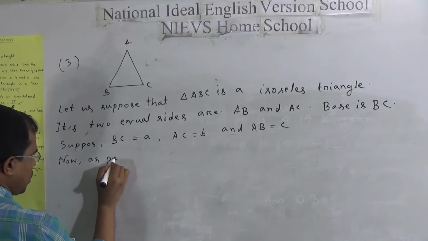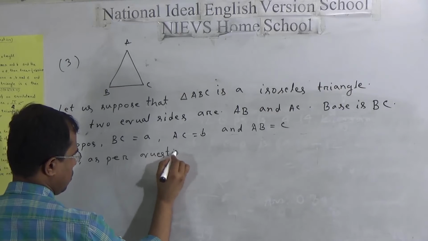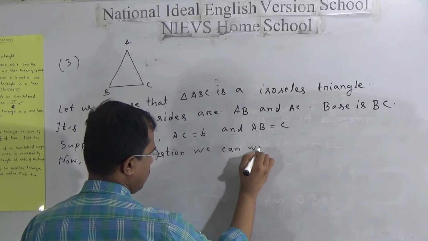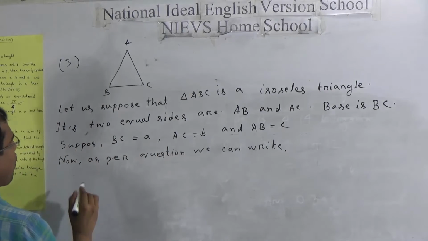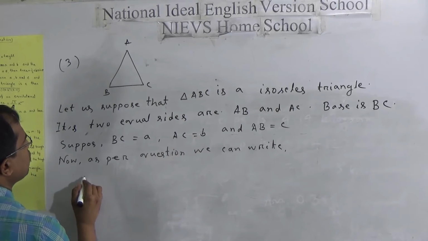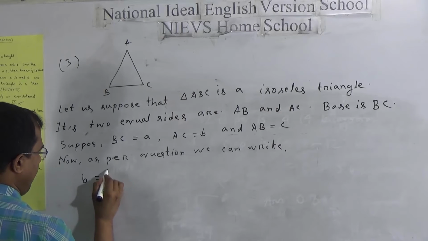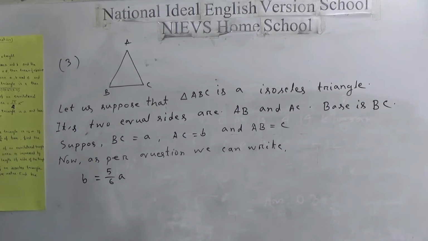As per question, we can write B equal to 5 by 6 of A. In the question it is said that the length of equal sides is 5 by 6 of base.